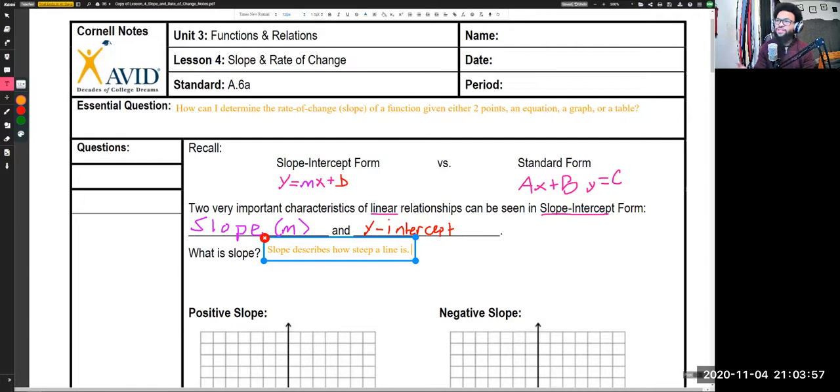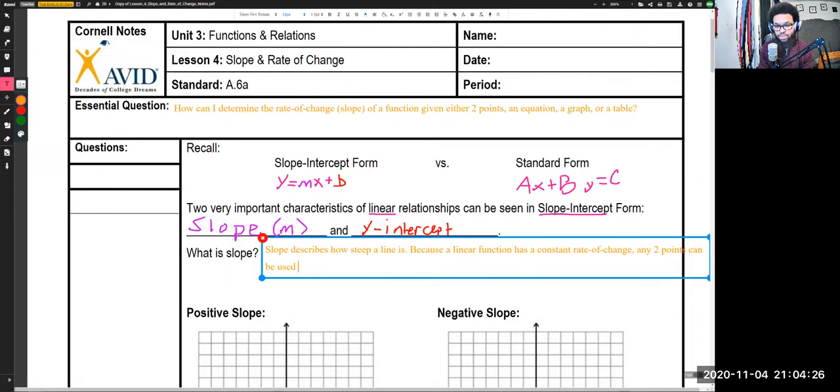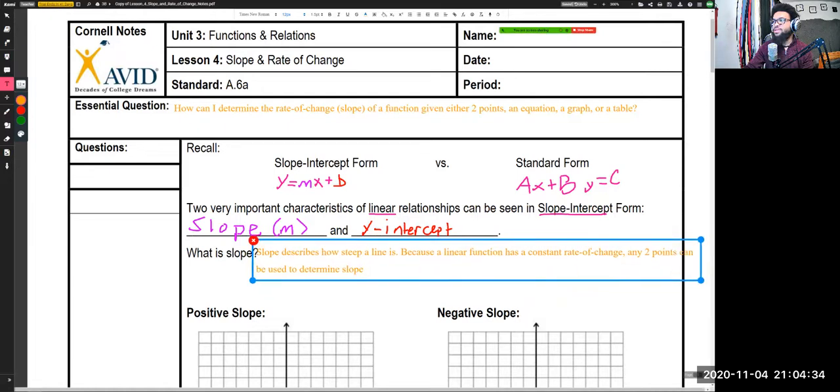And to further describe it, because a linear function has a constant rate of change, any 2 points can be used to determine slope.